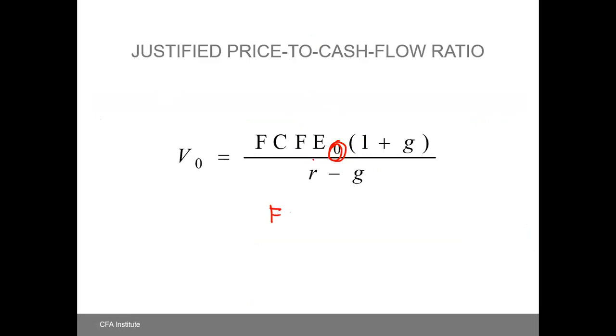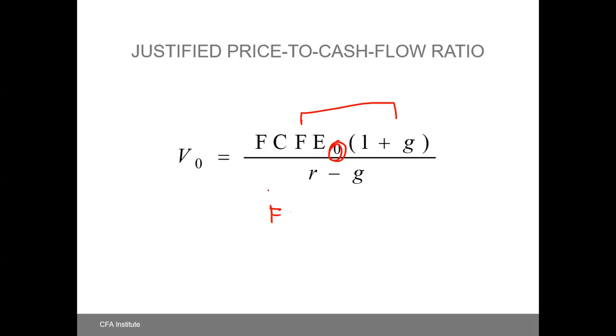We have estimated the FCFE, and we take the 1 plus g, which is more representative of the Gordon growth model, and we divide this number by r minus g. So we can use this for getting the justified price to cash flow multiple.